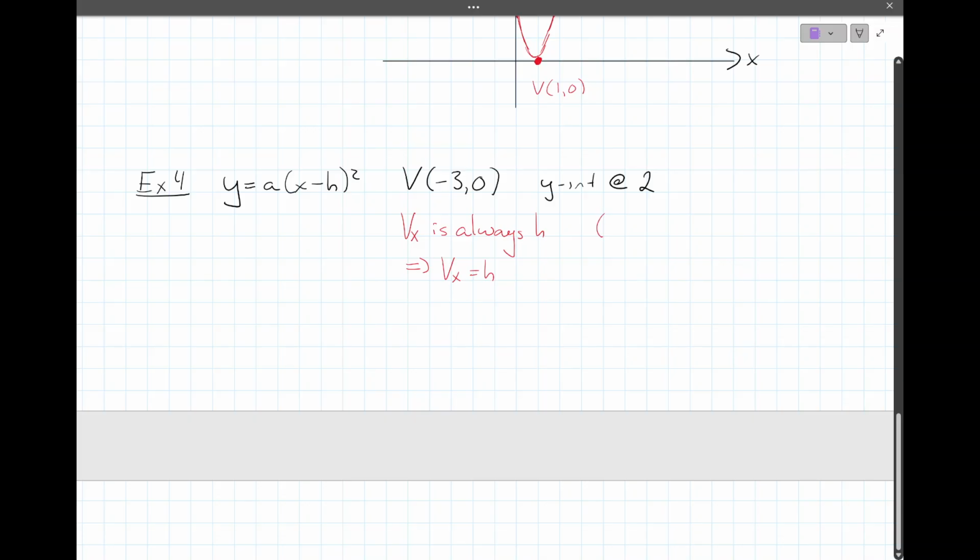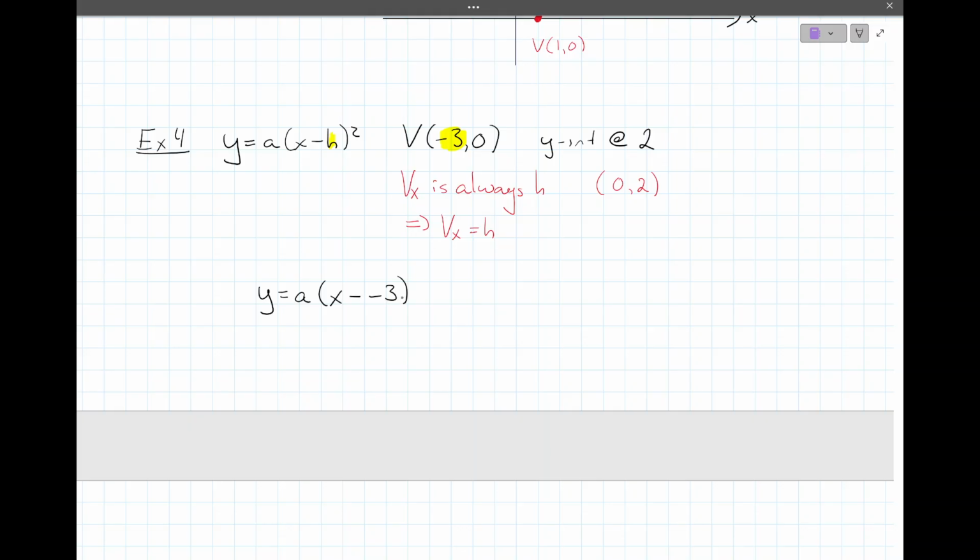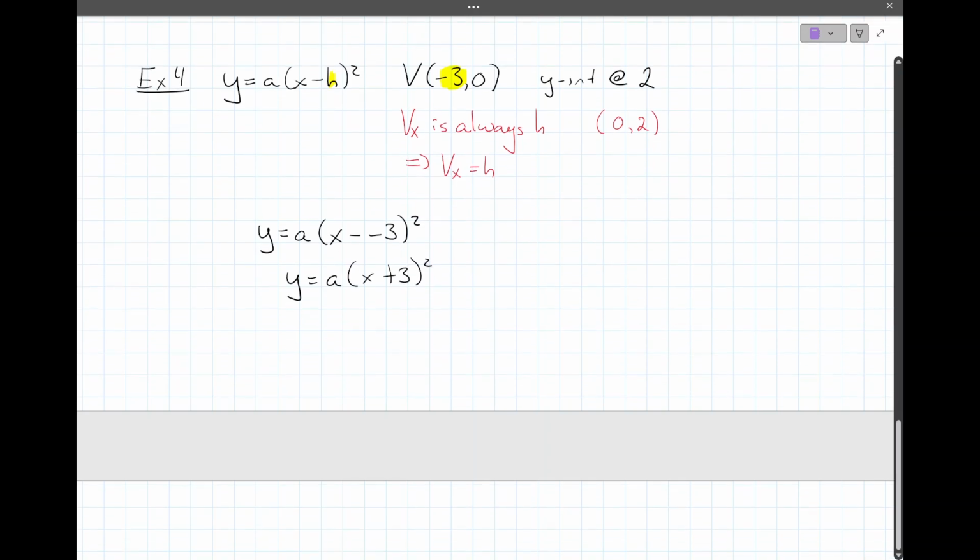We're going to interpret the y-intercept to mean 0, 2 is a point on our parabola. So the first thing we're going to do is just take that point we have for free. So that -3 is actually our h value. So just get that out of the way first. We'll get y equals a times x minus -3, all squared. Well, that's just going to be plus 3. So y equals a times x plus 3 squared, like that.